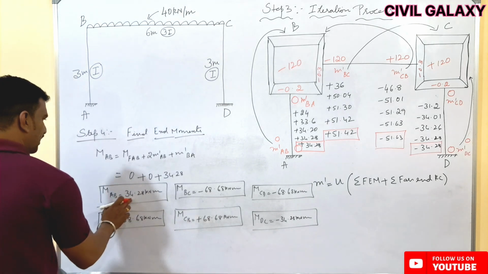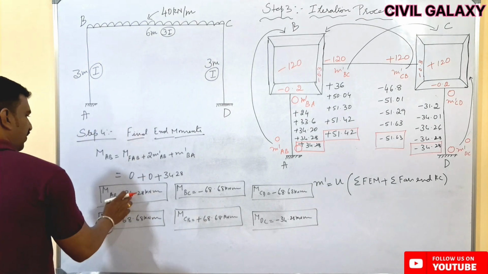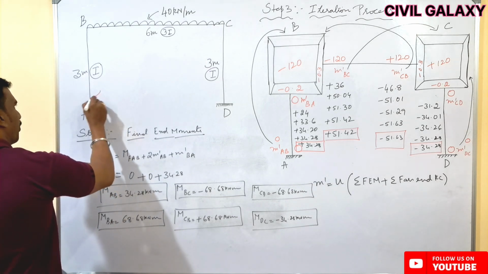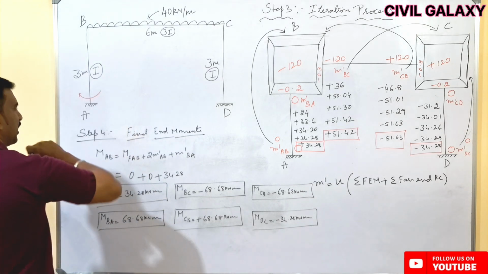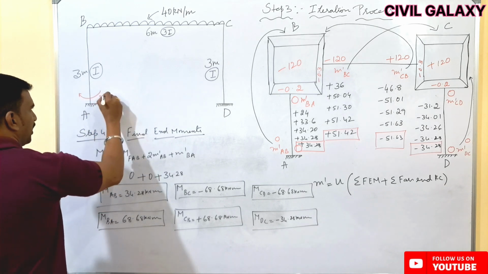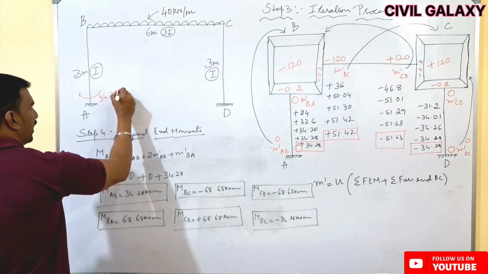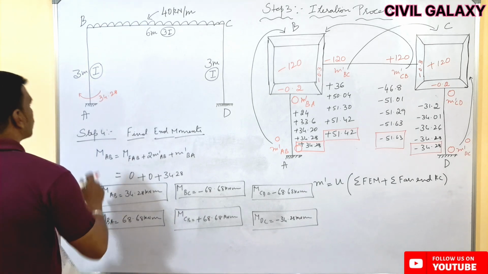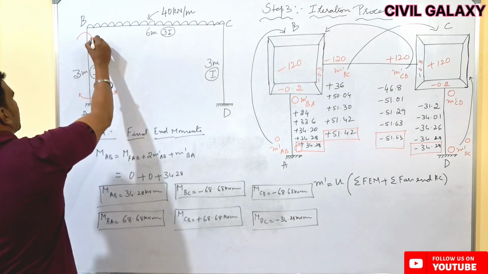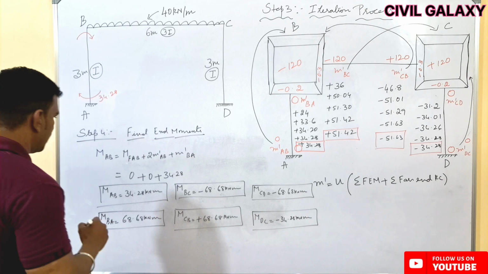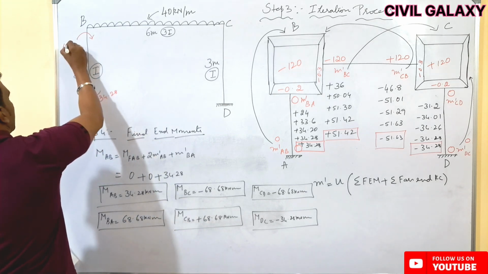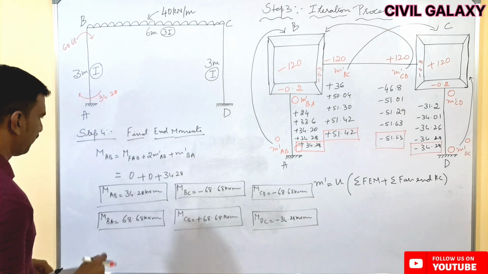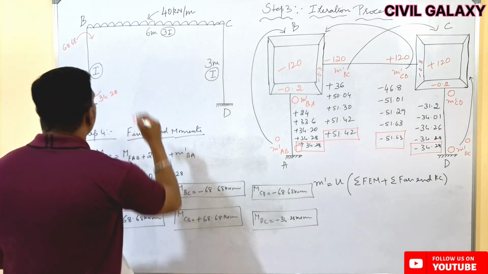So representing this one here, which is rotating in the clockwise direction because it is positive, we will consider here 34.28 kilonewton meters, and from B to A also it is positive. Let us take here 68.68, and from B to C it is negative.